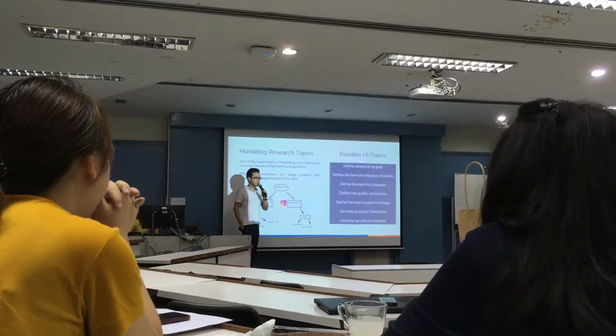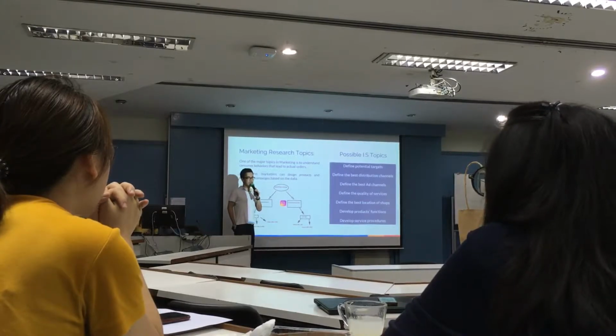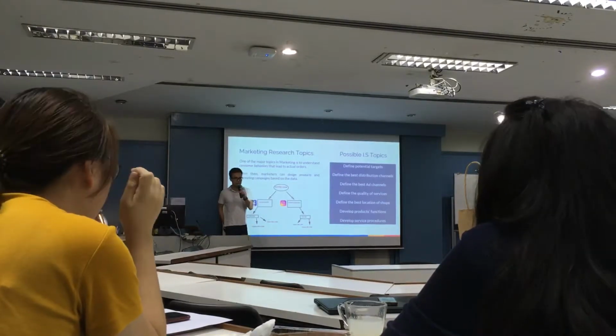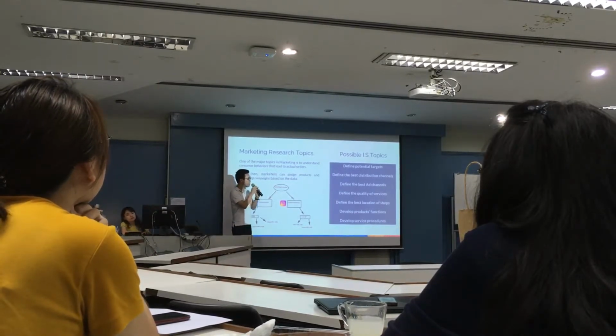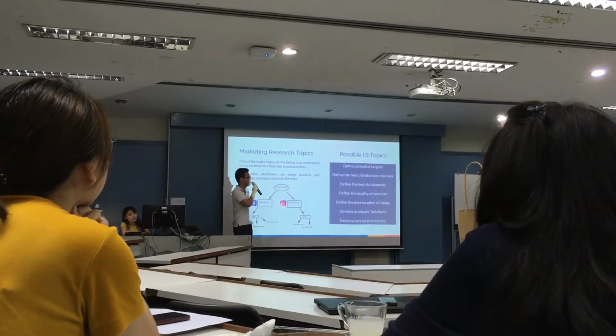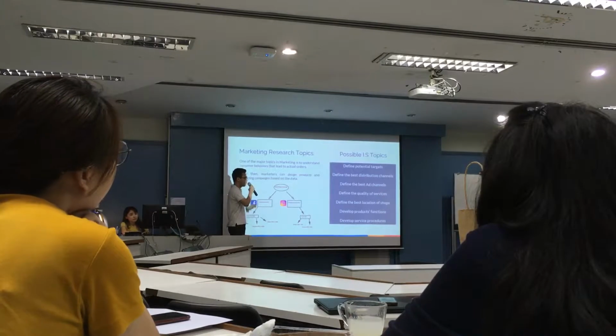Okay, define potential targets. It's very important before starting marketing campaigns, because we have limited resources and limited time to focus. So we should define potential targets by using decision trees, define the best distribution channels, define the best ad channels, and define the quality of the service.